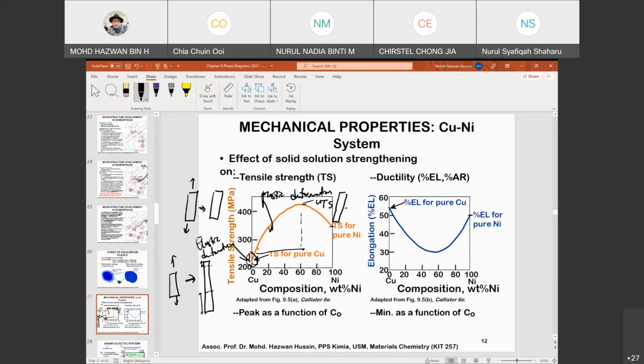It has elongated and after that, it breaks. All right. So for ductility, it is the same thing. It is in contrast with tensile strength. As you increase the composition up to one point, you see that the elongation will be the lowest, and after that it will increase again.